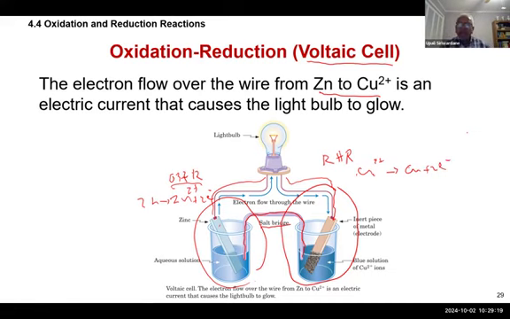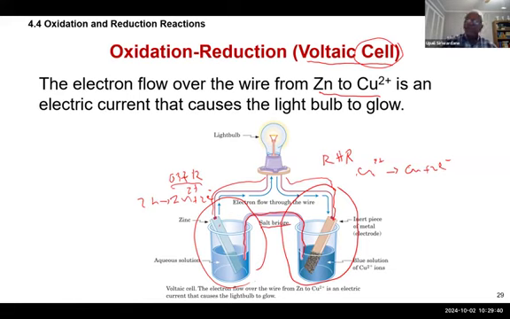Copper gets reduced. So this allows us to use electrical current. A cell is a device that harnesses the flow of electrons in an electrochemical cell. This is called a voltaic cell.